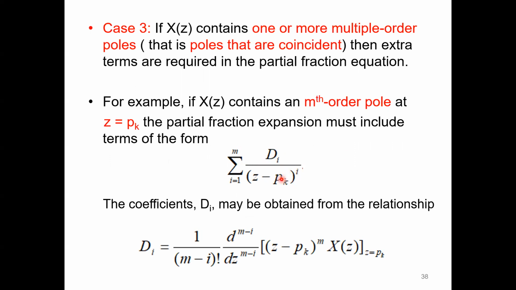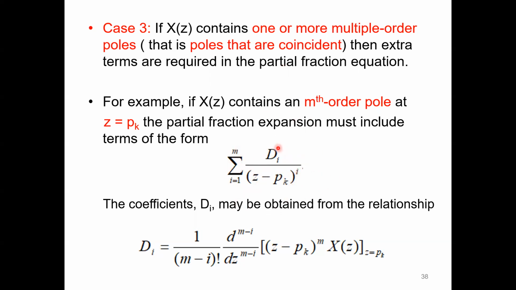The number of terms in the expression is equal to the multiplicity of that particular pole. I'm just revising, not actually teaching anything new to you. I think I'm doing this because you might have forgotten these basic math. Okay.